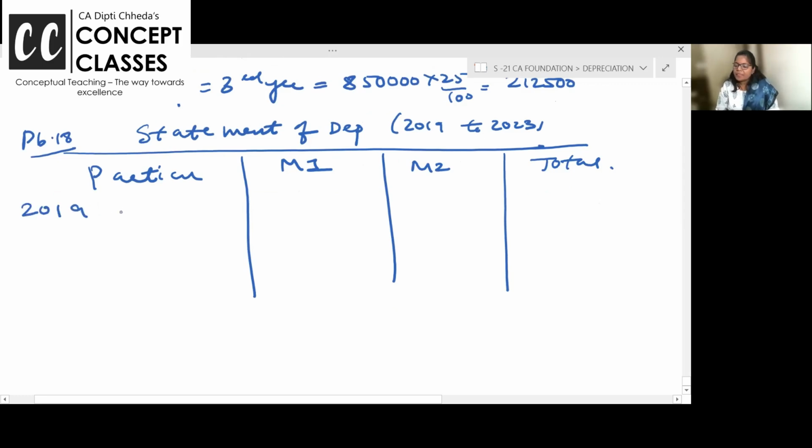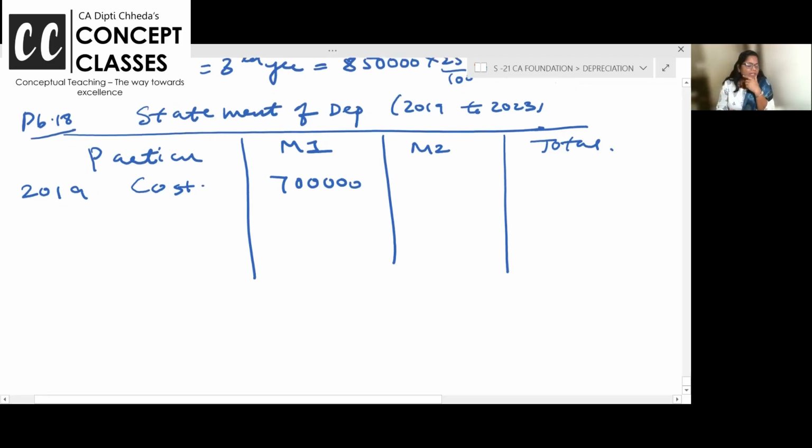2019 January. What was the cost of the machine which you purchased in 2019 January? 7 lakhs. I hope you are getting it. My aim is to calculate in 23 and change the method. But first, on January 23, what is the WDV? For that I am doing this. 7 lakhs, and you are charging 15% depreciation WDV.